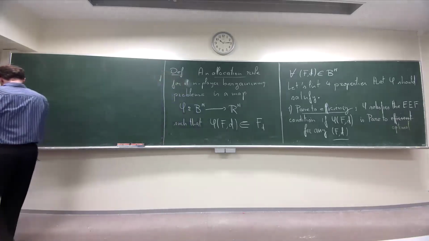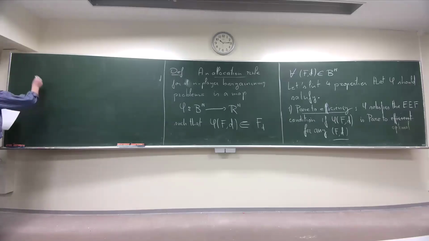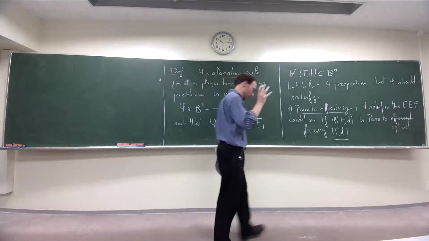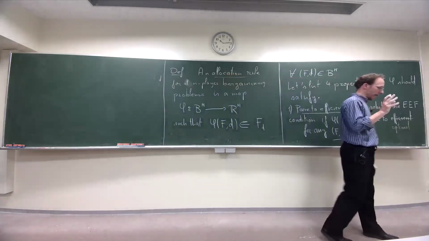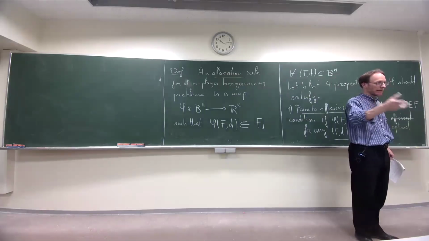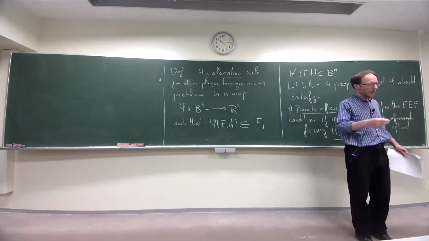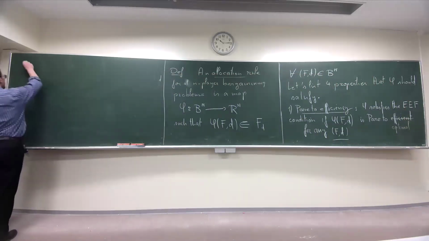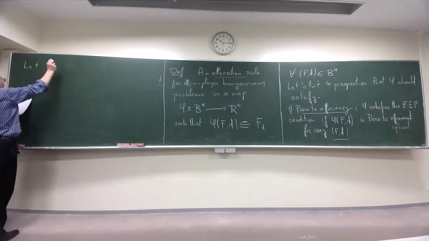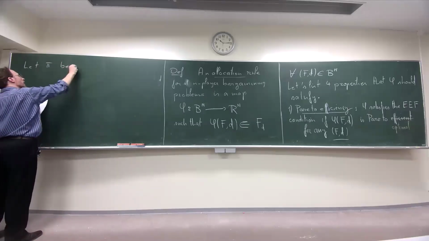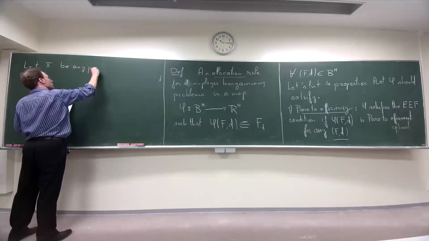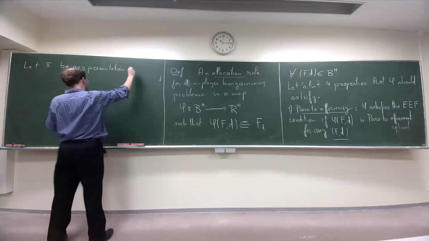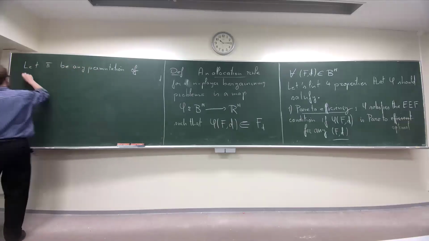For the second one, I need to introduce some notion of symmetry. It's like in the last lecture, when we played with it, I said all players play the same strategy because we cannot distinguish them. There is something similar here. So first, let pi be any permutation of n elements.